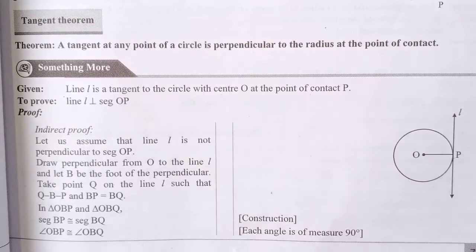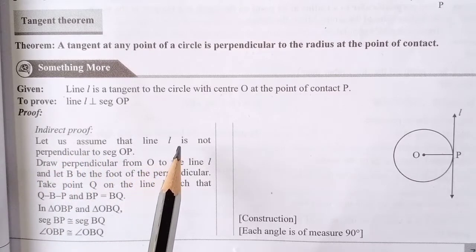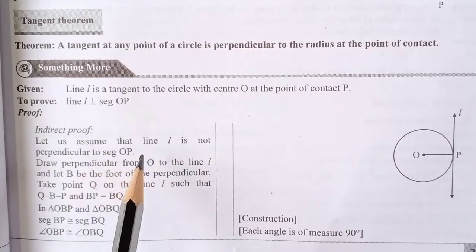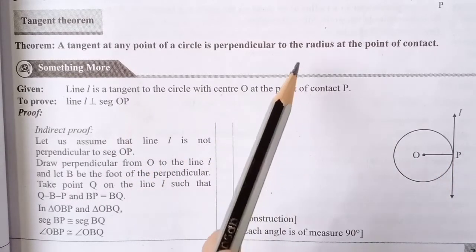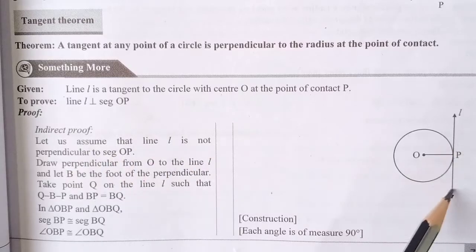Now we'll start with the proof. As I told you, our first statement will be: let us assume that line L is not perpendicular to the segment OP. You have to prove that it is perpendicular, so assume that it is not.